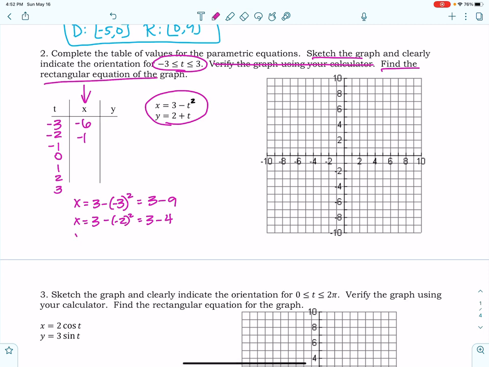So then I've got 3 minus a -2 squared, which gives me 3 minus 4, which is -1. And then at -1, I would have 3 minus a -1 squared, which is 3 minus 1, which would give me 2. And then when I substitute in a 0, I get 3 minus 0, which is just 3. And then at 1, I would have 3 minus 1 squared, so that's going to give me 2.